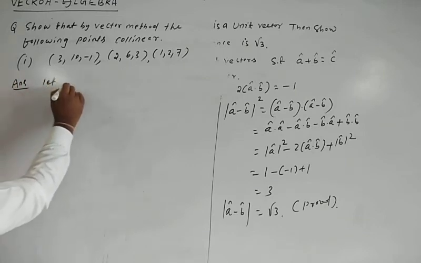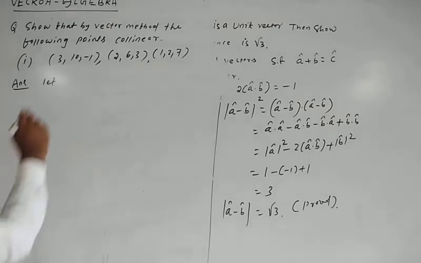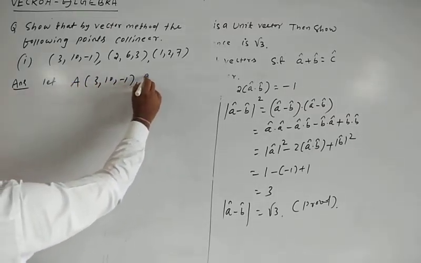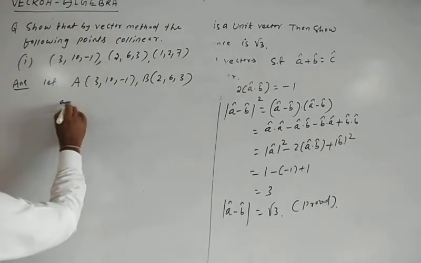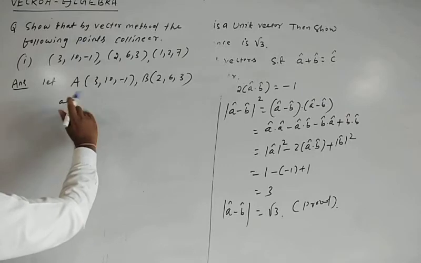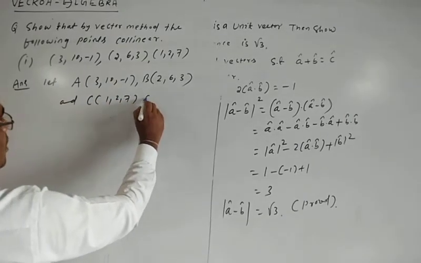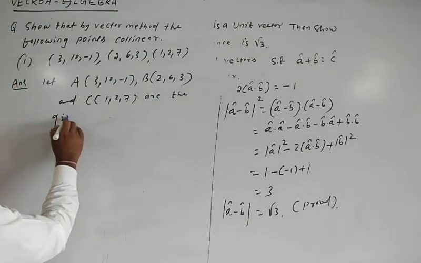Let A be 3, 10, minus 1, B be 2, 6, 3 and C be 1, 2, 7 are the given points.